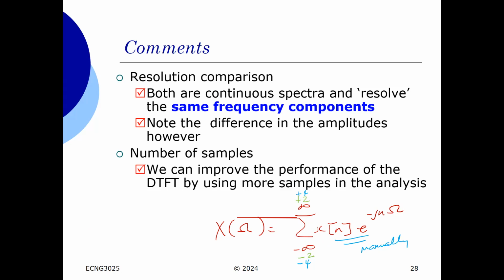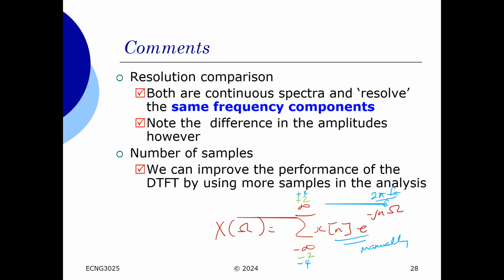I can't ask a computer to evaluate it because of the 2 pi f over fs business here. f is a continuous variable. So I have to do this manually up to the point where I can ask it to plot. And then I still have to pick some values to plot and make some assumptions, all right?